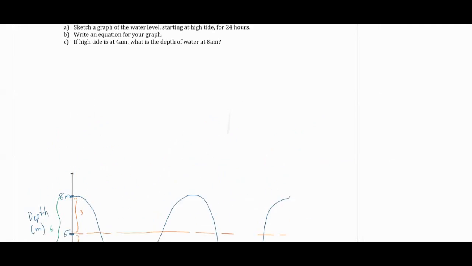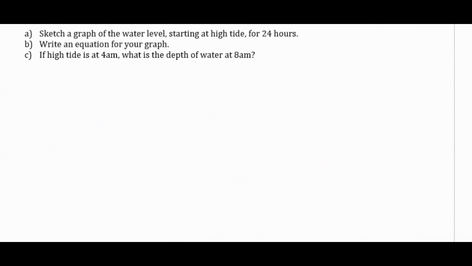So pretty much all we have left to do here is find our K value. Oh, I'm going to write the period down first. So the period is 12. So the K value is 360 divided by 12. This is the same as yesterday. It works out to 30. Go ahead and try to write that equation.